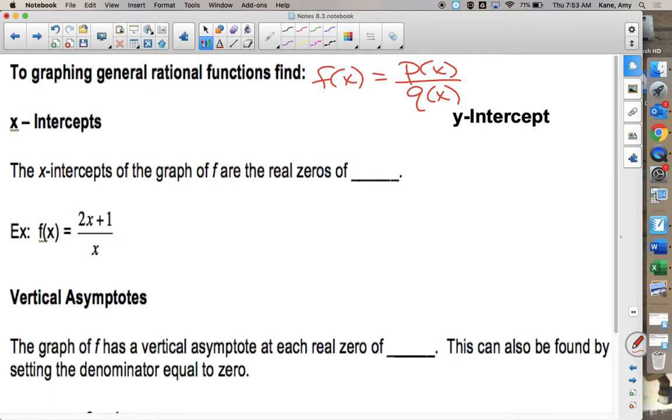So the x-intercept, which is where the graph crosses the x-axis, can be found by solving for the real zeros of the p of x function, which is the numerator.